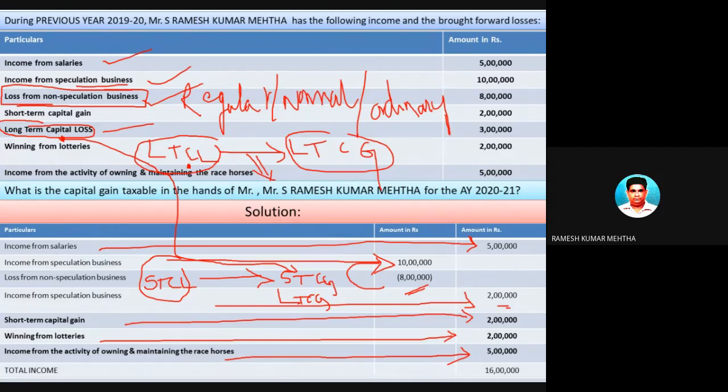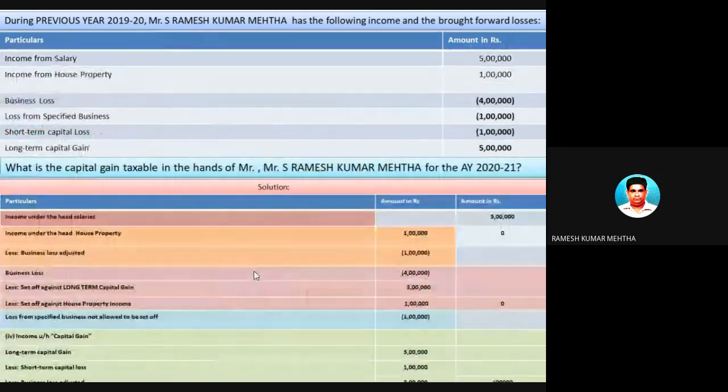Therefore, long-term capital loss can be carried forward to the next assessment year, since long-term capital gain is not there in assessment year 2021. So hope this problem is also clear. Let's do the next problem.